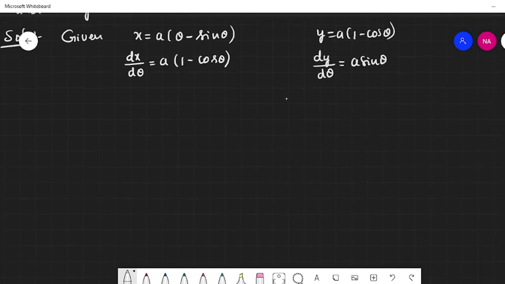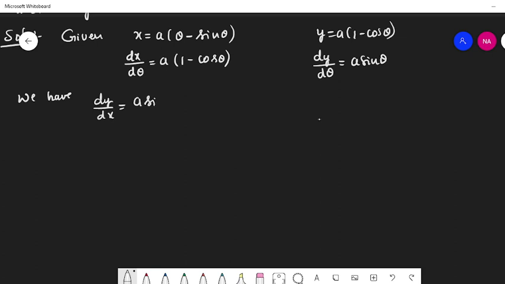Right? Now, by chain rule, we have dy by dx to be dy by d theta by dx by d theta, that is a sin theta by a times (1 minus cos theta). a gets cancelled.